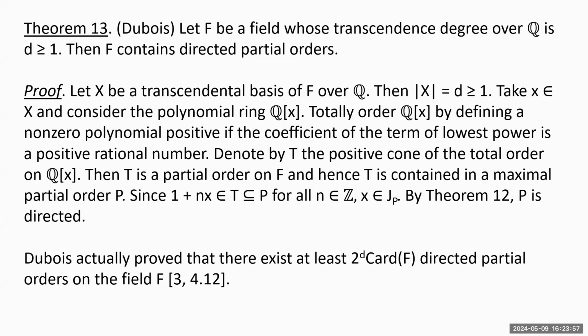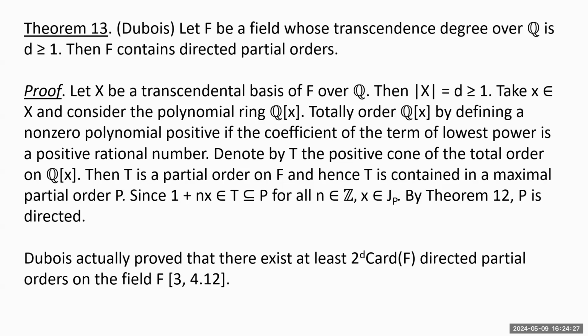So basically, here's the idea in Dubois's proof. Let F be a field with transcendence degree over Q bigger than or equal to 1. Then F contains a directed partial order. So let's take a transcendental basis element X and consider the polynomial ring Q[X].